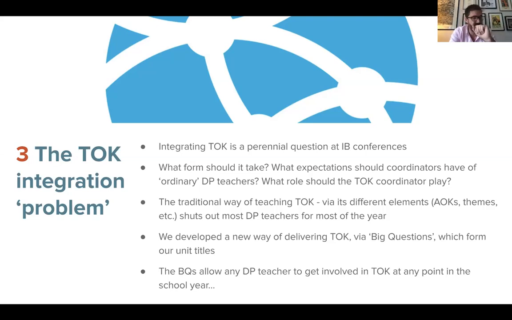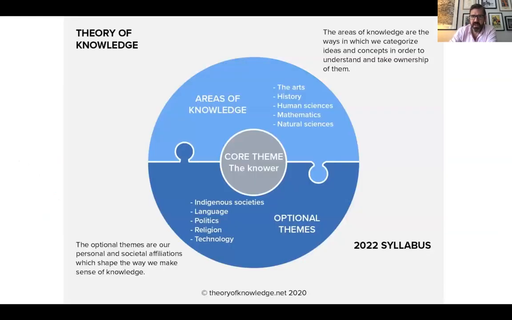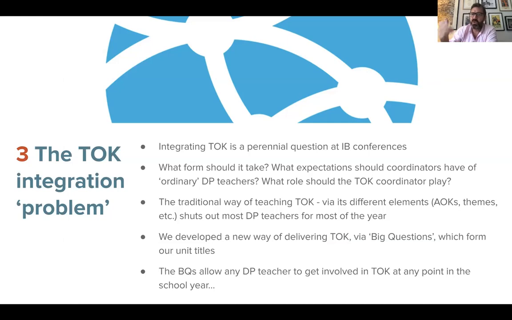The traditional way of teaching TOK, which is to go through the different elements of it, spend time on the arts, spend time on history, spend time on human sciences, etc., actually shuts most DP teachers out of the TOK course.